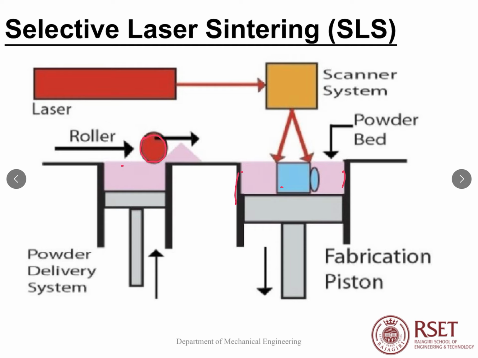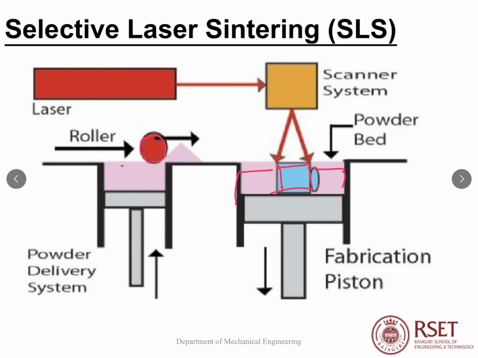Here we can see a component being manufactured. To make this component, first the piston should be at the top position. Then this roller fills the build platform with powder. Then the CO2 laser, driven by a program, acts selectively, and sintering takes place in selective areas based on our design.